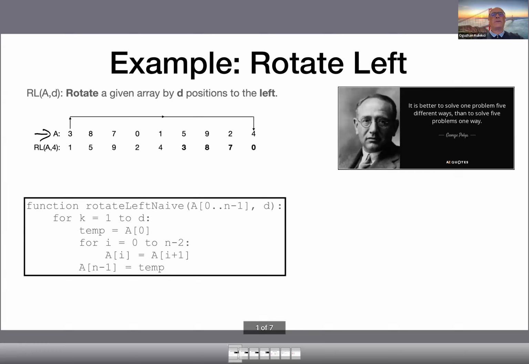Rotate left means if I'm rotating left by D positions, I will shift all elements to the left by D positions. But in that case, I will be overwriting the elements on the first D cells of this array. So that is what will happen to those elements.